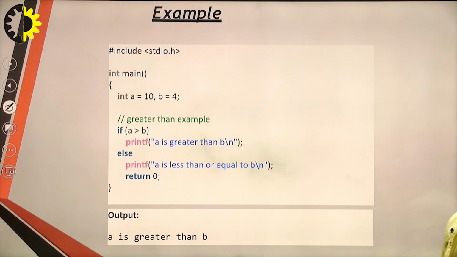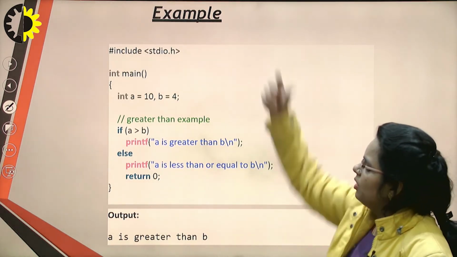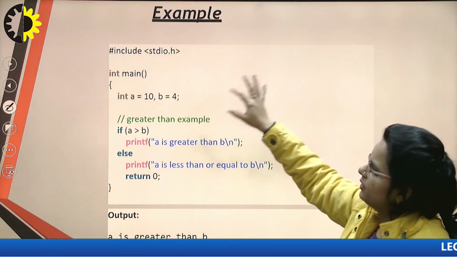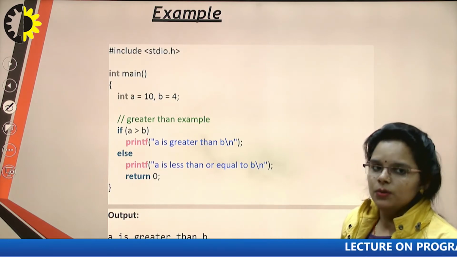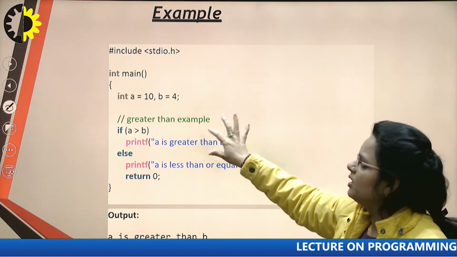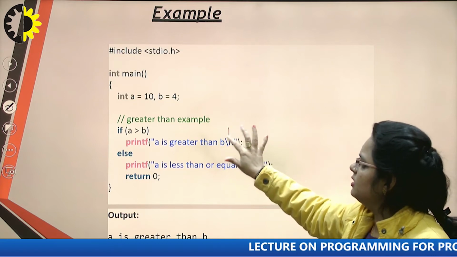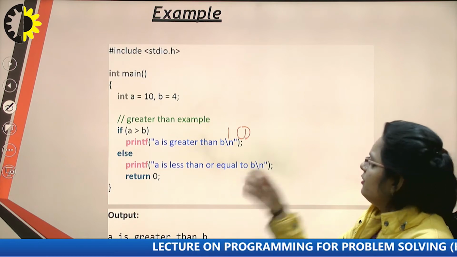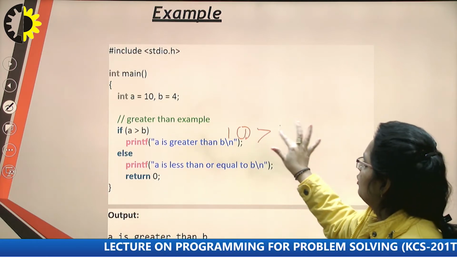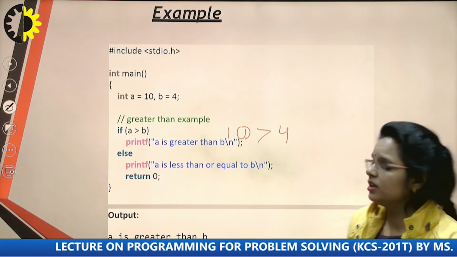Here is an example program of relational operators. We have taken two variables, a equals to 10 and b equals to 4. So we are comparing if a is greater than b. Here a is 10, and b is 4. Yes, we know 10 is always greater than 4.